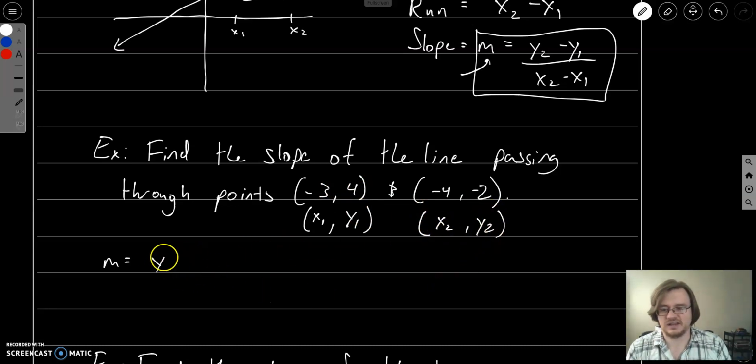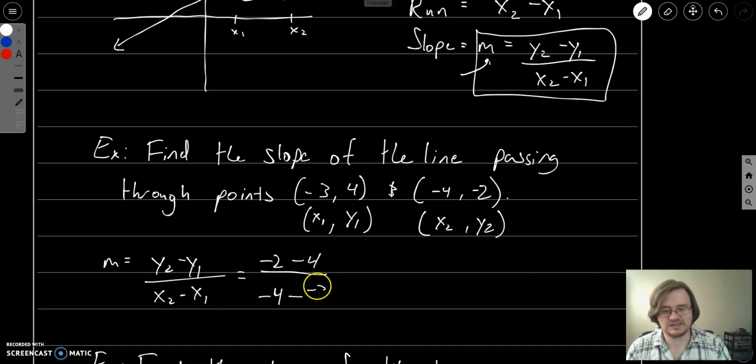So I'm going to take y2 minus y1 divided by x2 minus x1. So y2 is -2, y1 is going to be 4, so -2 minus 4. On the other side, we've got x2, which is -4, and x1 is going to be -3.